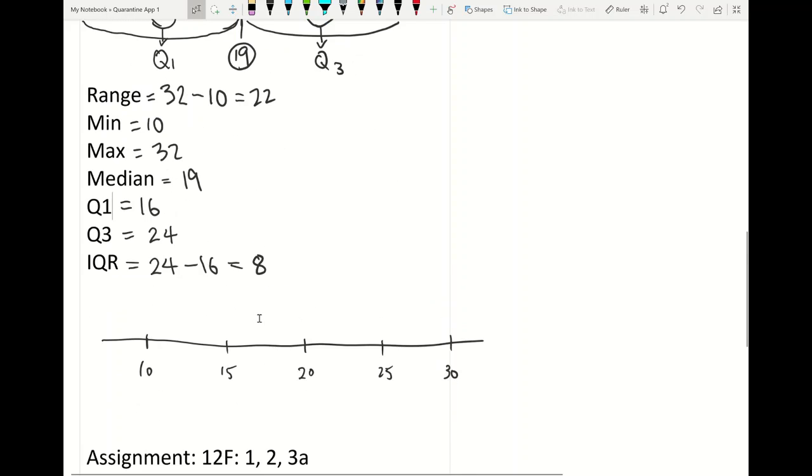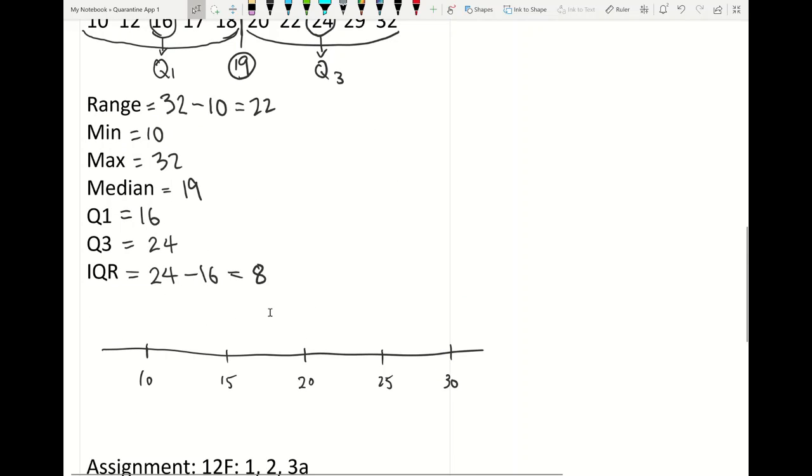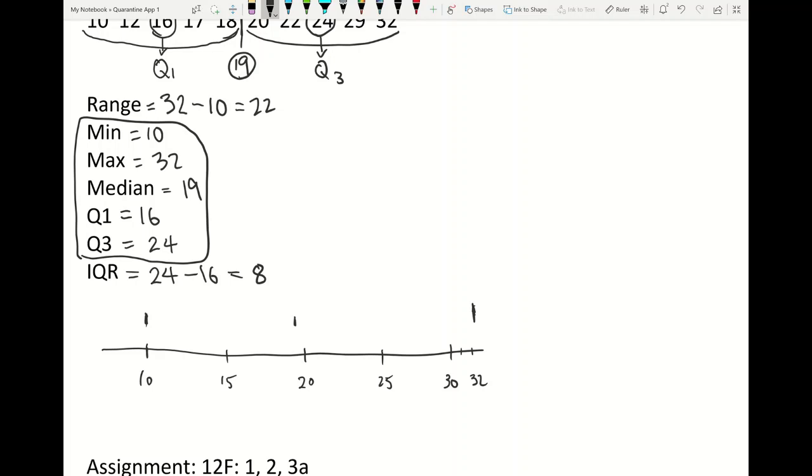So let's construct the box and whisker plot. Again, we will take, what do you call those 5 points? The 5-number summary. Let's identify: 10 is the minimum. Maximum is 32, so let's say 32 right here. And then the median is 19, which is about right here.